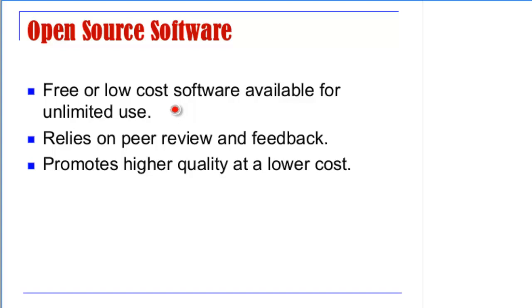Most of the open source titles, and we'll take a look at one or two examples in a second, are free versions of existing programs, and they were created for whatever reason because the creators wanted to give users a free alternative to having to pay for expensive programs. So if you're using open source software, there's totally nothing wrong with this. This is 100% okay. How do they work? Open source software relies on peer review and feedback.